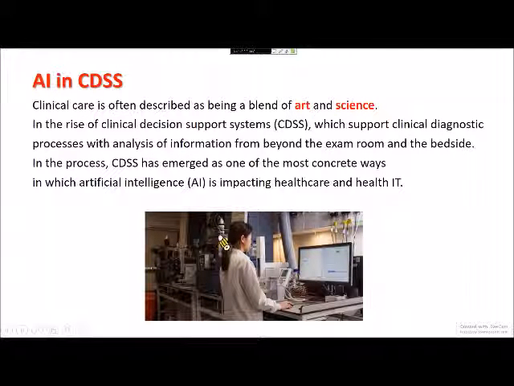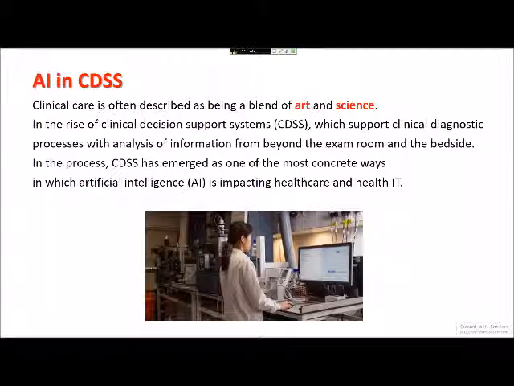AI in CDSS. Clinical care is often described as being a blend of art and science. CDSS, a clinical decision support system, supports clinical diagnostic processes with the analysis of information from beyond the exam room and the bedside.